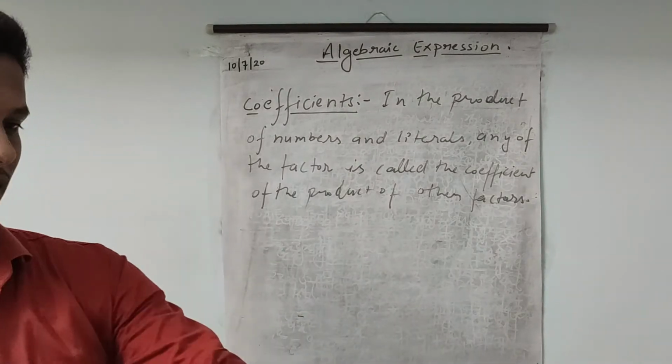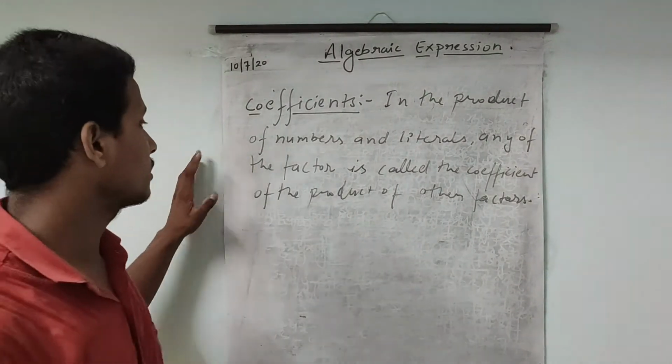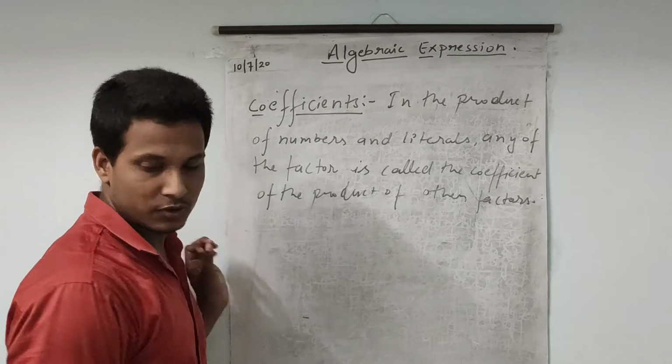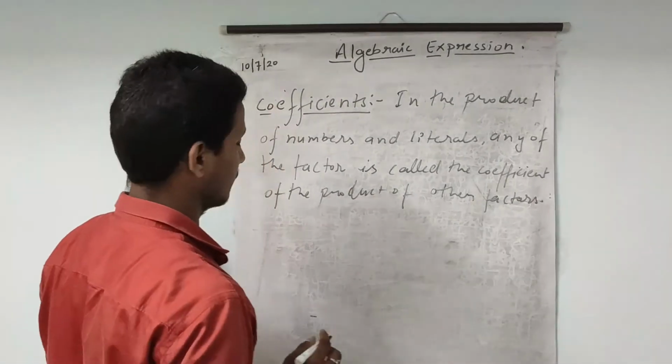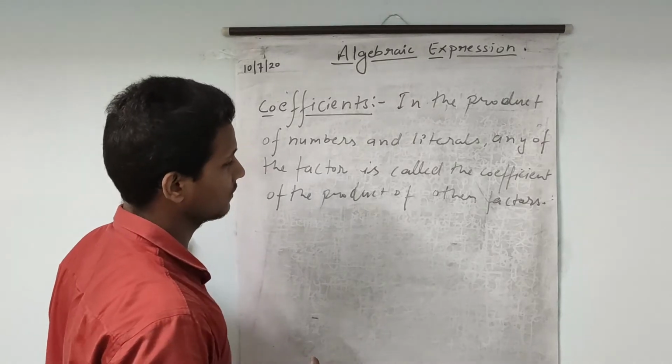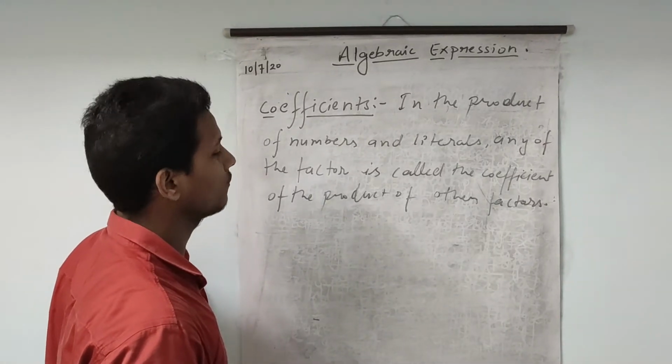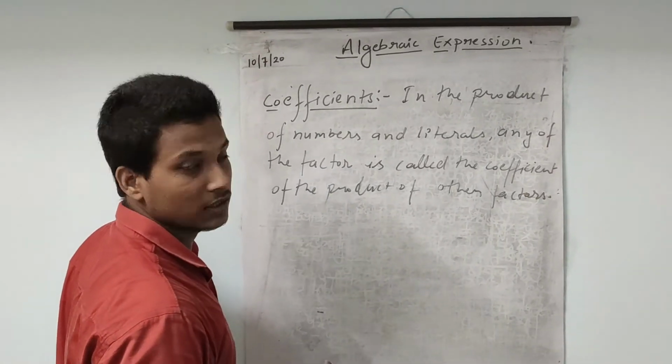It sounds complicated. It means that if a product of numbers and literals is given, then any of the factors we have discussed is called the coefficient of the product of the other factors.